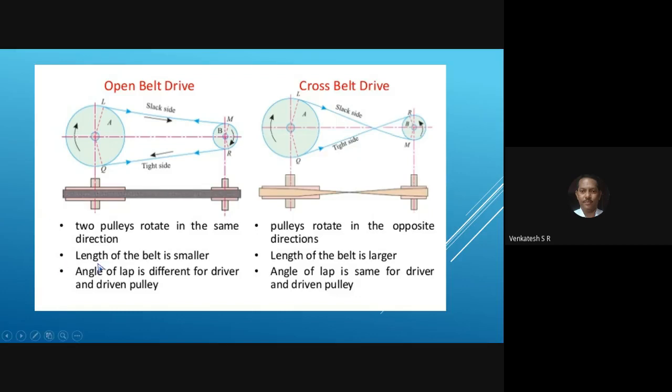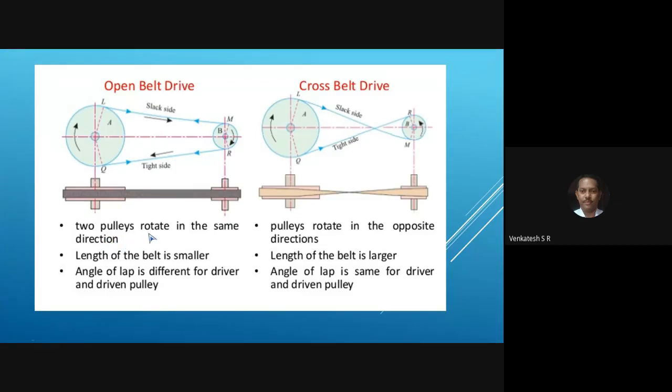Say, in the open belt drive, write down number 1: both pulleys rotate in the same clockwise direction.